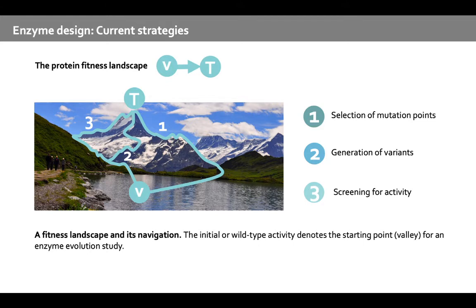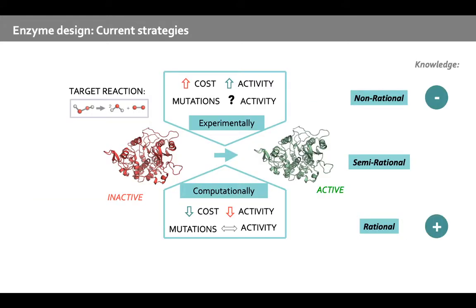The next slide is the usual slide that you have seen multiple times. The main idea is, how can I move from an enzyme that is inactive and make it active for the reaction that I'm interested in? Maybe there is no natural enzyme that catalyzes the reaction, or maybe there is one, but the substrate scope of this enzyme is not broad enough to accept the substrate that is interesting for industry.